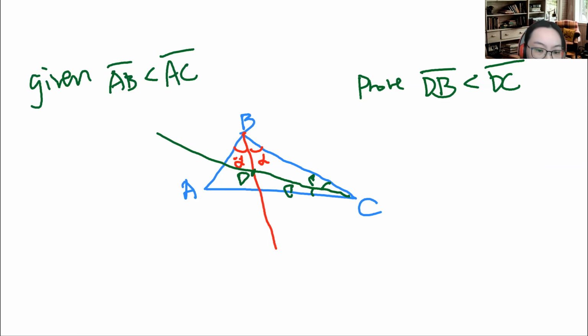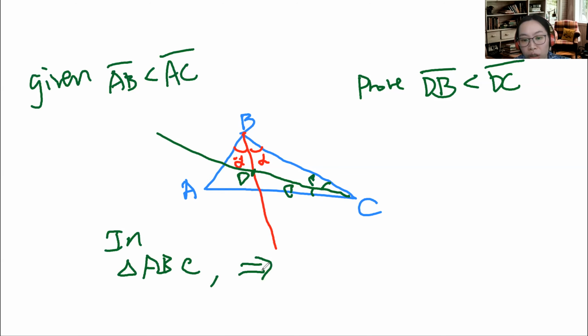So AB is less than AC. We can use that to prove DB is less than DC. Yeah. So okay, let me give you the first hint. Because AB is less than AC, the first step I can imagine is that in triangle ABC, because side AB is less than AC, you're going to use one of the propositions, I forgot which one is which, you need to check yourself, either 18 or 19.